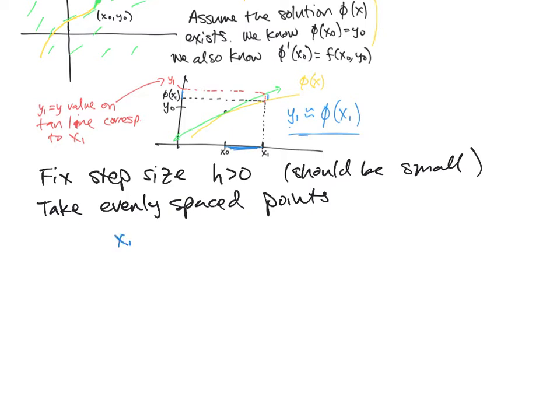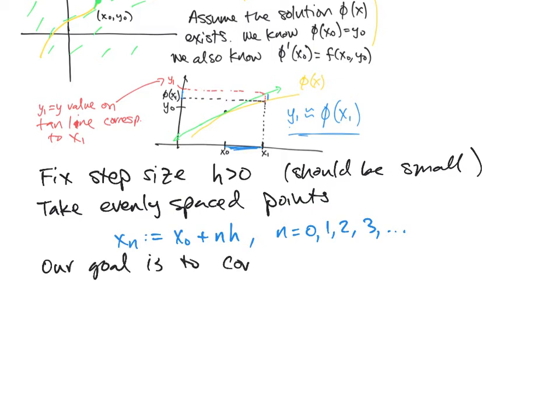So xn, we're going to define to be our initial x value plus n steps, so x0 plus n times h, for n equals 0, 1, 2, etc. So our goal is to compute our corresponding yn, which are going to be approximations to phi at those x values.